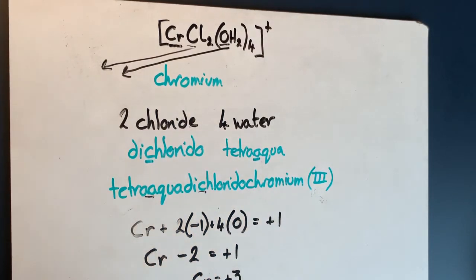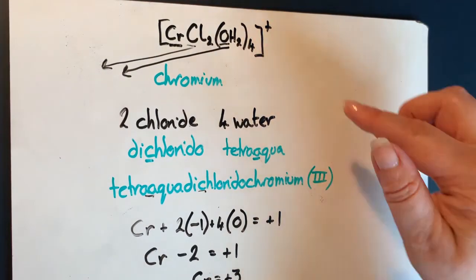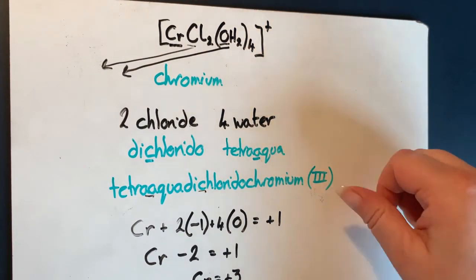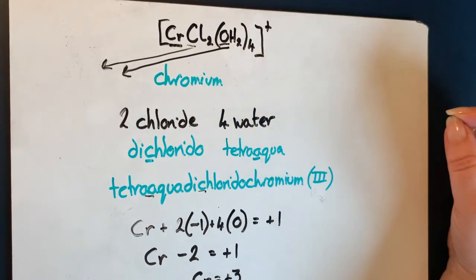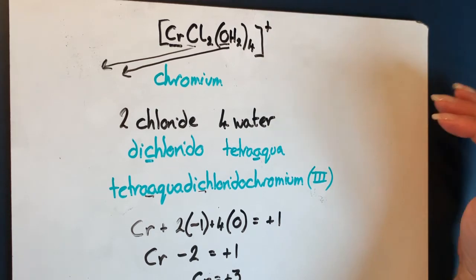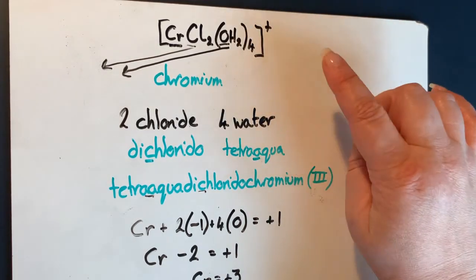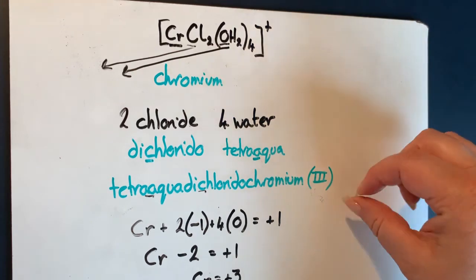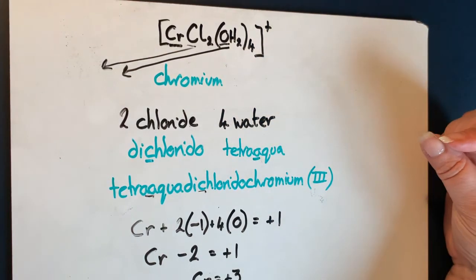So regardless of whether you're writing the formula or the name, all you need to remember is that the ligands go in alphabetical order. You don't need to remember whether it's alphabetical order in the formula or in the name. They are both just straight alphabetical order.